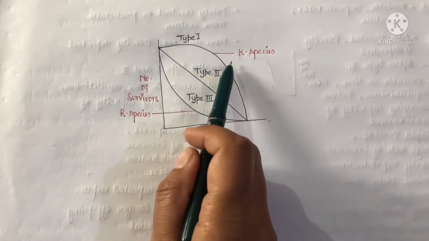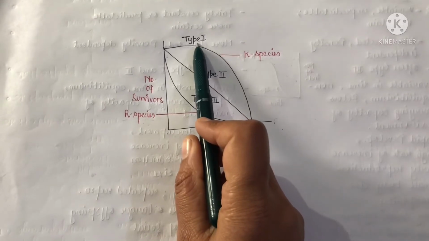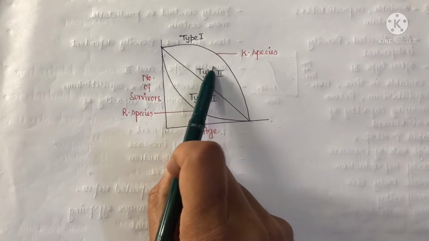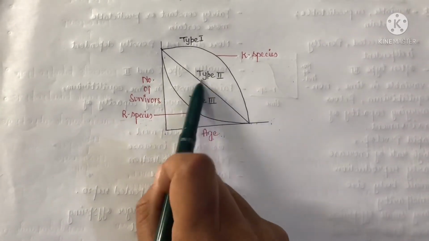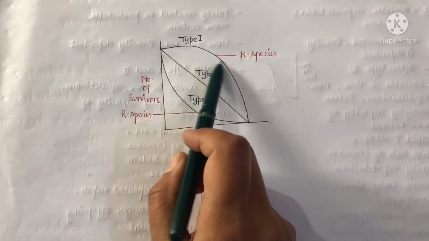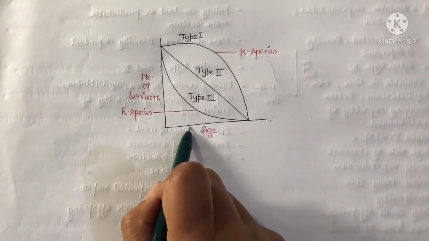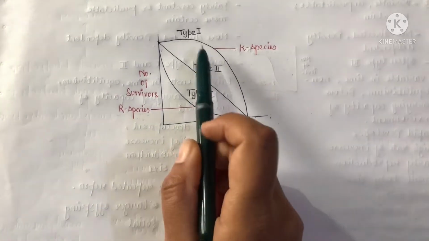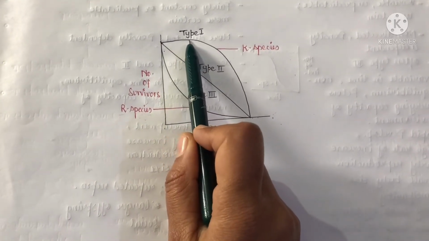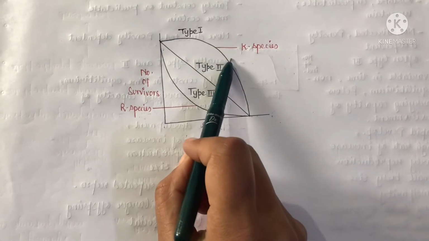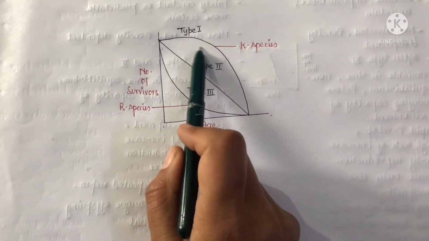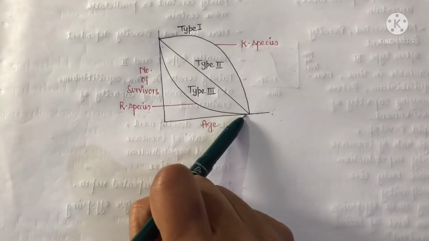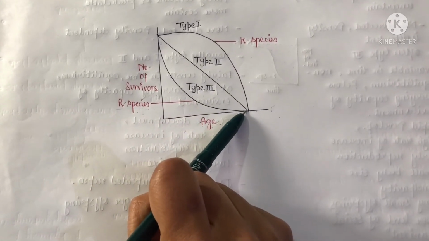But in case of K species, that is on the type 1 curve, the number of survivors is high, but the number does not decrease drastically, but at a slower rate, means its age is longer than that of R species. So it passes through the various developmental stages, and slowly the population passes through the end of their life cycle, right?